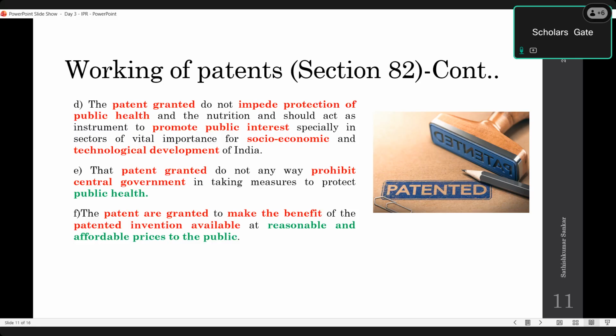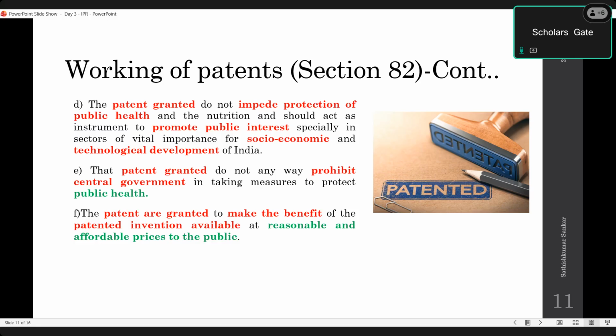Under Section 83 they clearly mention that patents are granted to make the benefit of the patented invention available at a reasonable and affordable price to the public. Once the patent is granted, the details about that invention, the article, the patent publication, the drawings, the geographical origin, the abstract, everything is available.